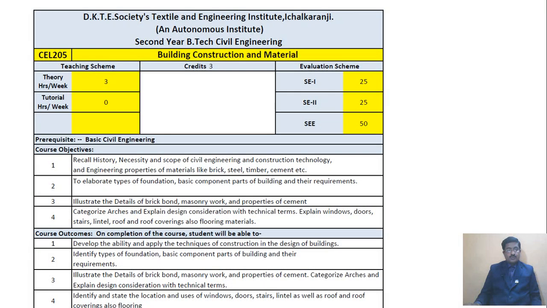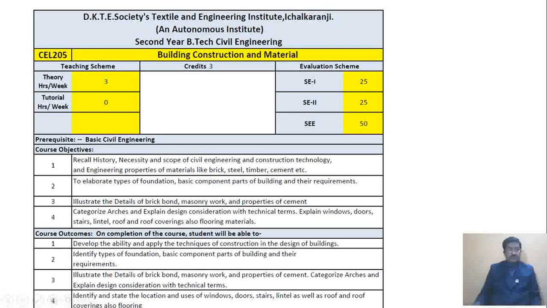So what are the course outcomes? At the end of the semester, or on completion of the course, the students should be able to develop the ability and apply the techniques of construction in the design of buildings, and identify the foundation and basic component parts of the building and their requirements.